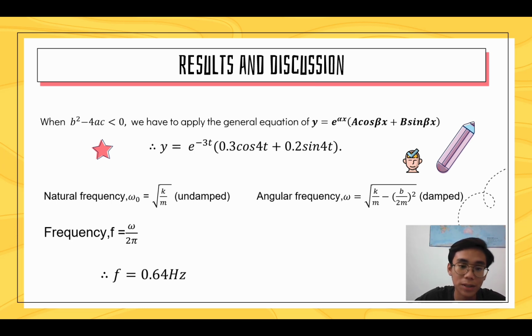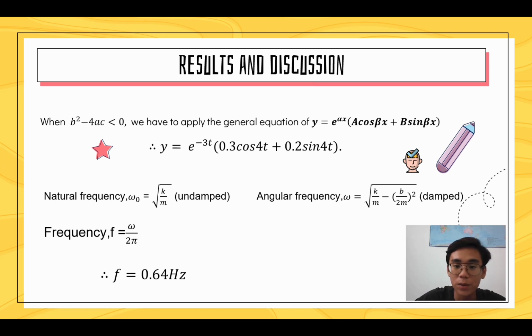Moving to the next sub-question, it requires us to find the frequency of this damped spring system. First, we have to note that there are two types of frequency. The first one is the natural frequency, omega naught equals the square root of k over m, and this is only applicable to the undamped system.